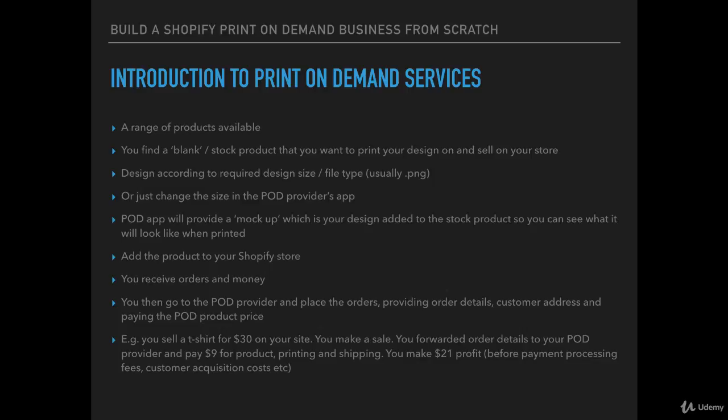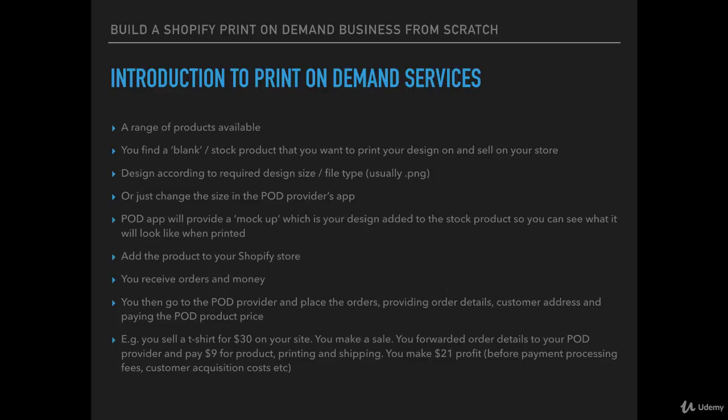And you will create designs or source designs according to the required design size, dimensions, file type, and resolution. The file type is usually a .png and the resolution is usually 300 dpi. You can find the design requirements on the POD provider's website or within their app.